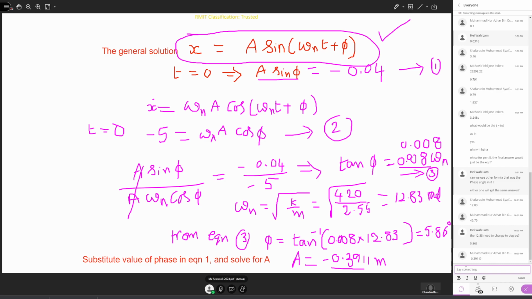So substitute the A value, phi value, and omega n value in the general solution and write down the general solution. That gives you the final answer. The maximum displacement is of course A, which is negative 0.3911 meters. This will be the complete solution for the question.